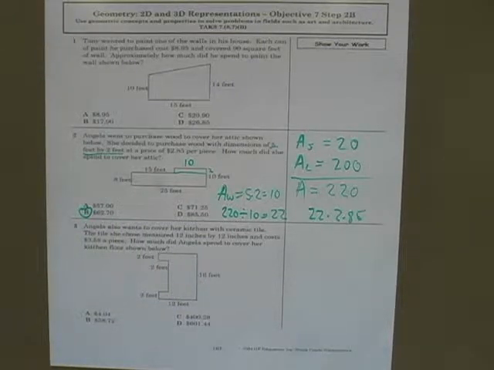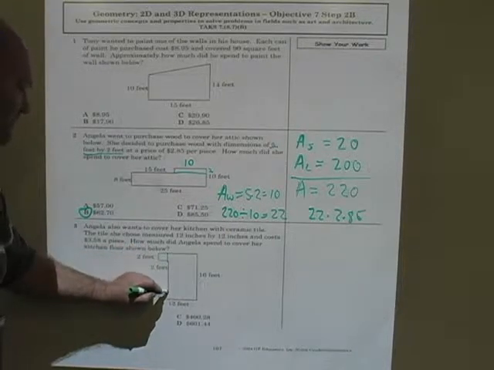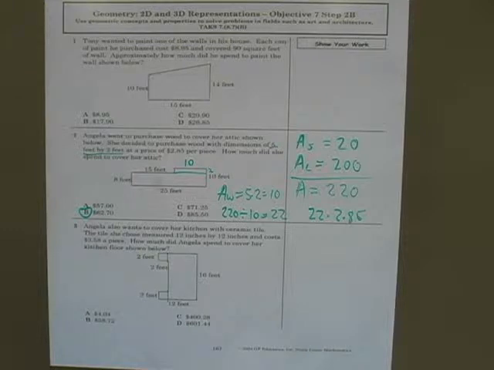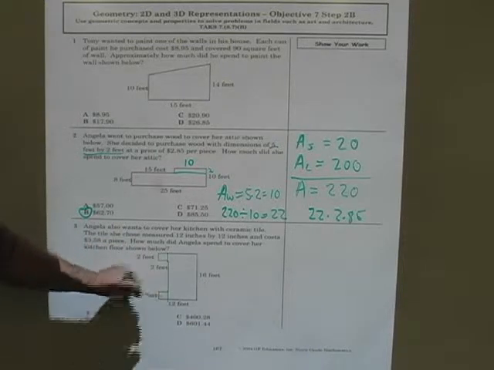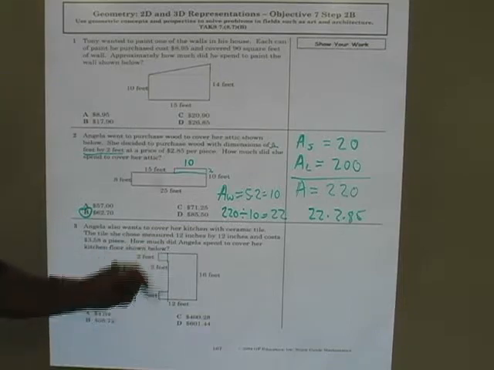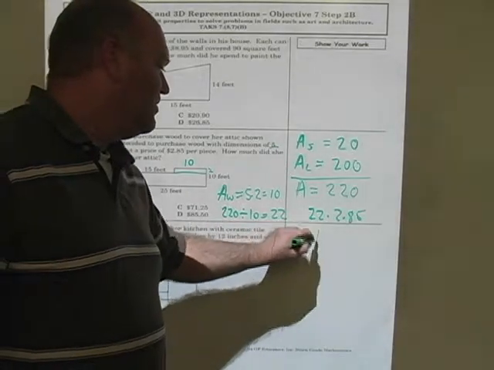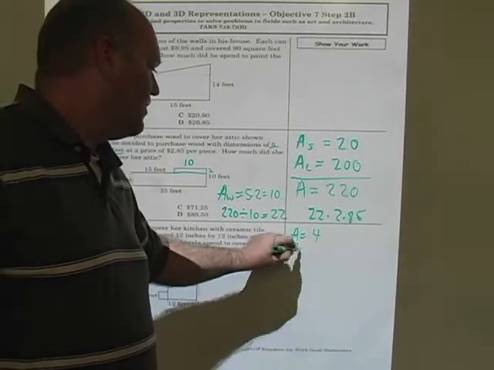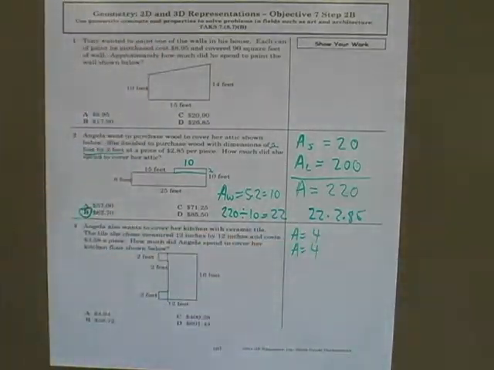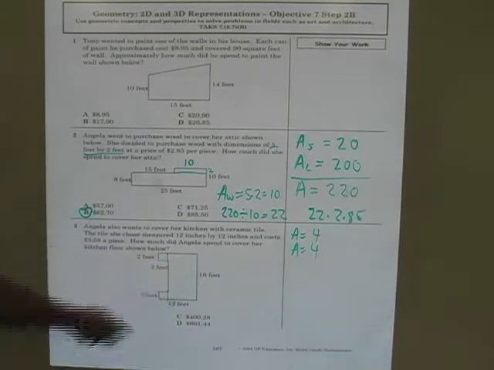Number 3. Okay. Divide it up. Okay. Each of those little squares is 2 by 2. So each of those is 4. Just going to write those out. And then you've got this bigger rectangle out here.